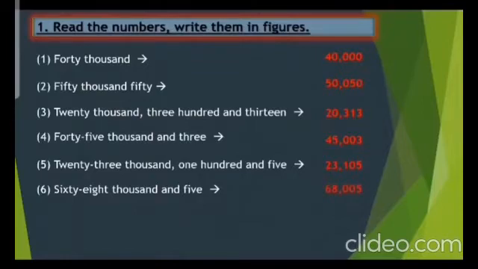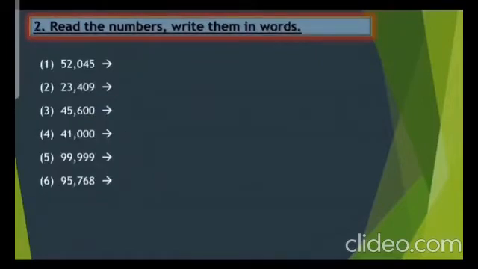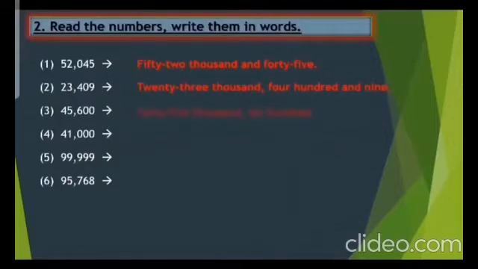Now let us see question number 2. Read the numbers and write them in words. The first one is 52,045. Now see the second question, 23,409. Now see the third question, 45,600. Now see the fourth question, 41,000.